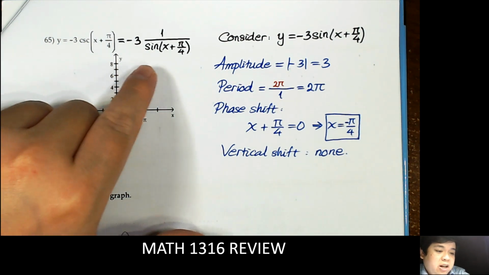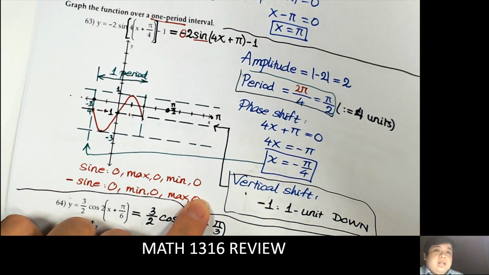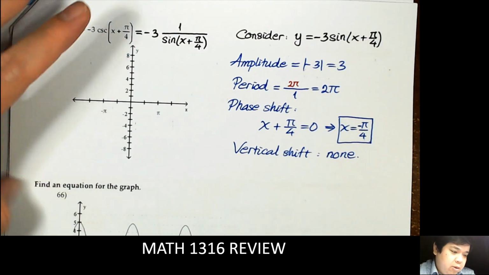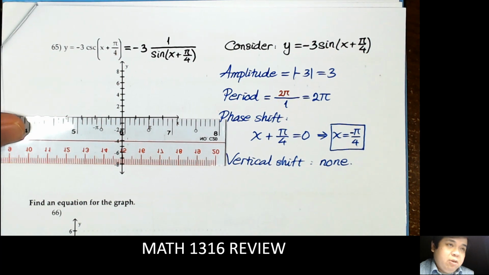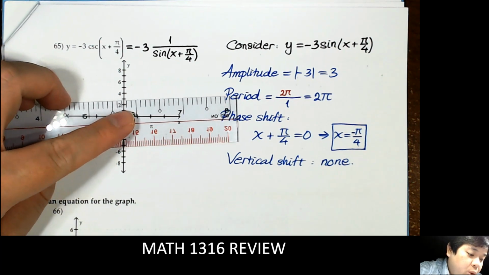And because that is a negative sign, the pattern will be 0, min, 0, max, 0. First, vertical shift is none, so that will be the x-axis. Amplitude is 3, so 3 up and 3 down.